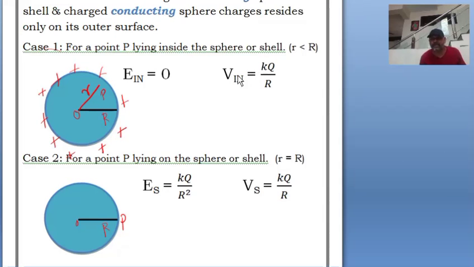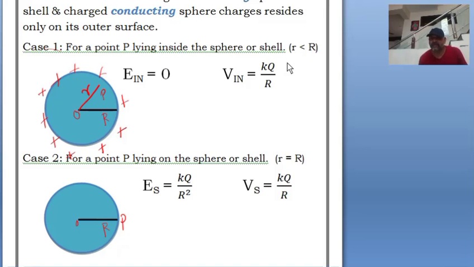Please remember, the potential at any point inside is equal to the value of the potential on the surface. I repeat, the electric field intensity due to the charged conducting sphere inside is equal to 0.